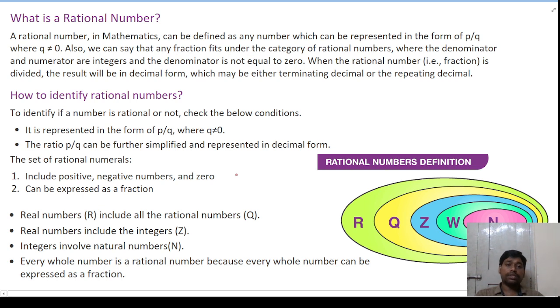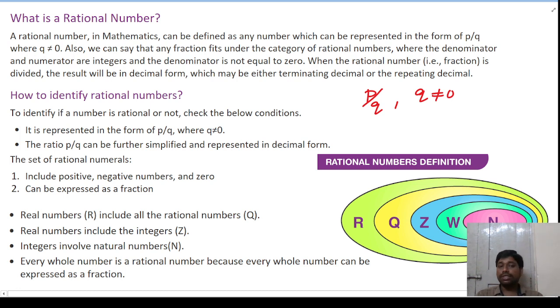The next type of number is the rational number. Don't worry that there is a lot of information on the page; I will conclude it very simply. A rational number is any number which is written in the form p by q, where q is not equal to 0.